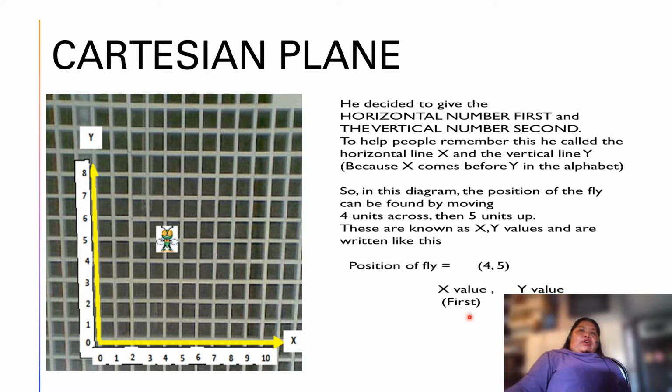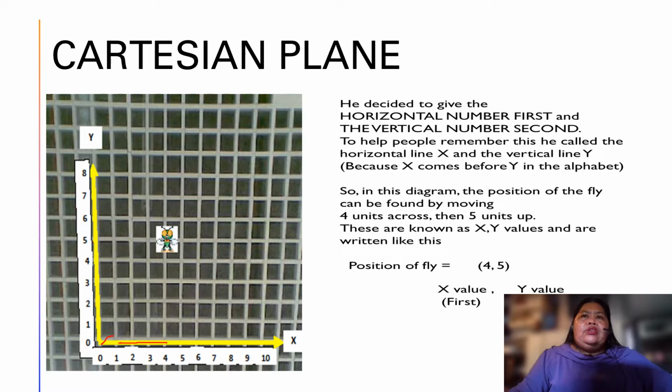So in this diagram, the position of the fly can be found by moving from here. So we have 1, 2, 3, 4 here on the x-axis. And then we have 5 units up on the y-axis.